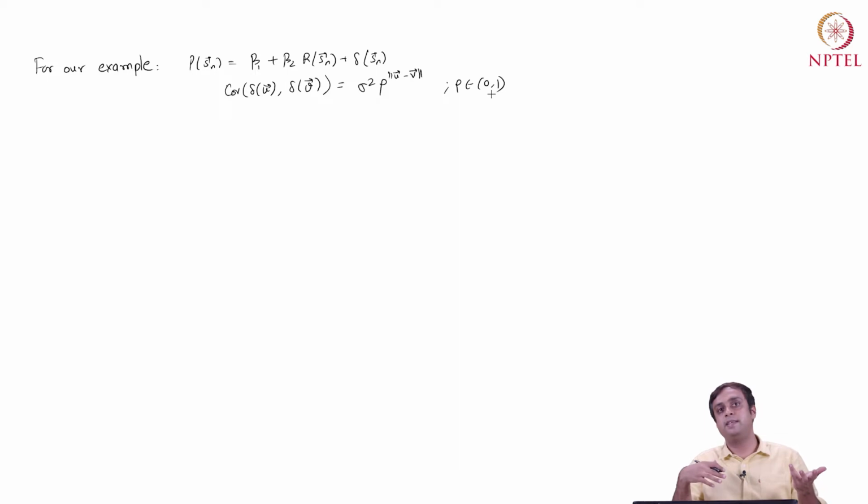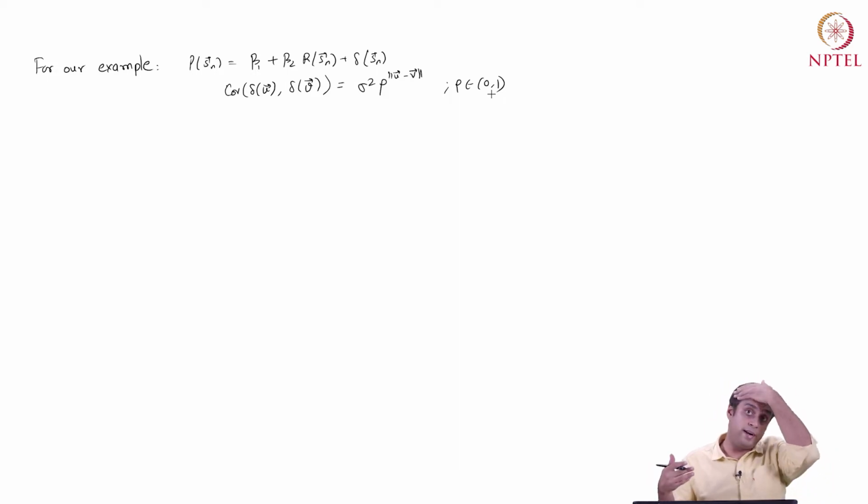So it's positive but less than 1, greater than 0, right? So it's a positive spillover. If rho were negative, then it would be negative spillovers.